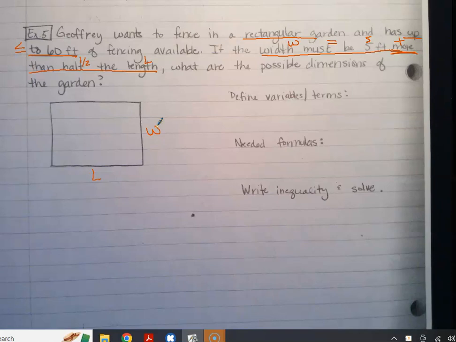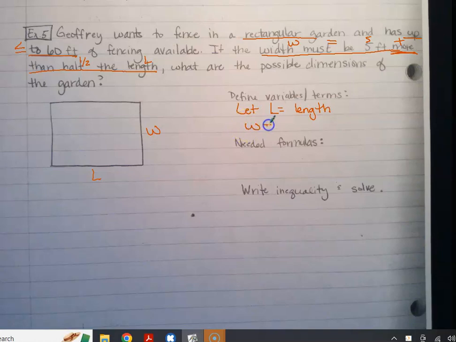So we're going to need the length first to find out the width. So we want to make our variable L, like let L equal the length. We can't solve for W until we solve for L. I'm going to make this a capital L too, because otherwise it looks like a 1. So if we let L equal the length, that's perfect.